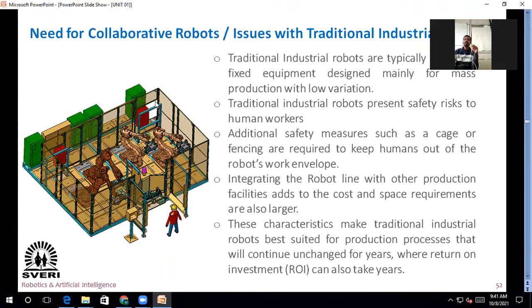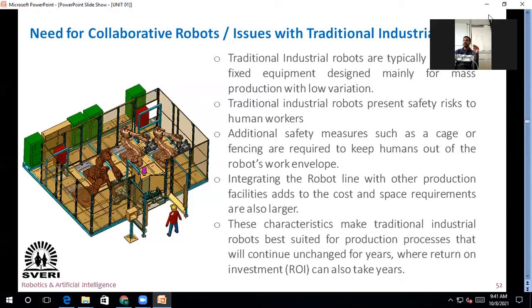If only robots are there, then we have to provide fencing around those robots. But if cobots, that is collaborative robots, are there, then there is no requirement of fencing, because the robot cannot damage the human. There are sensors provided to that robot which help the human to avoid accidents.